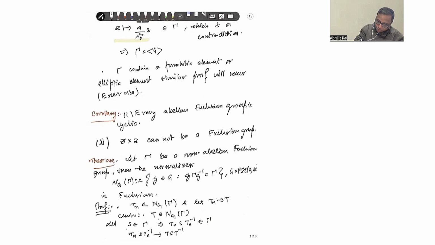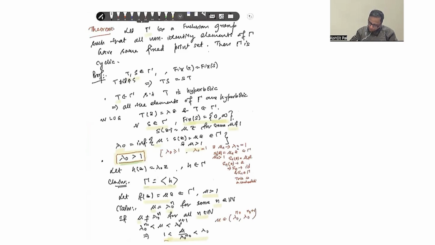So this map belongs to gamma, because we have assumed that fz equals mu z belongs to gamma.